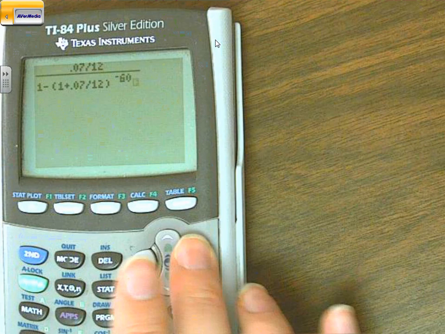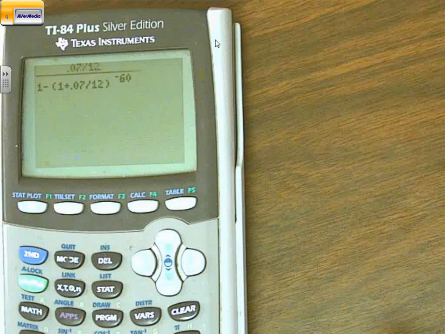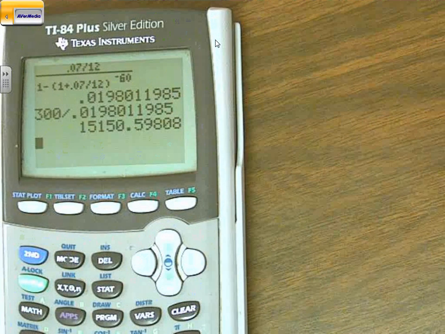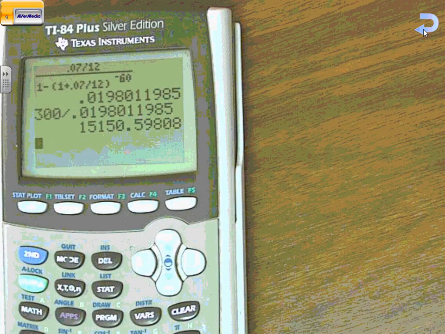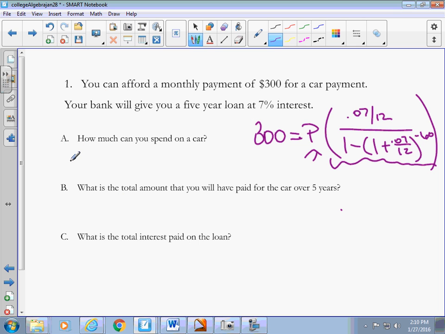Now that's only the part in the parentheses, right? Everyone agree with that? I need to divide 300 by that. I always just type it in. 15,150 and 60 cents. I have it in both places.